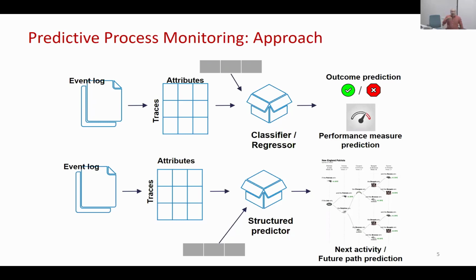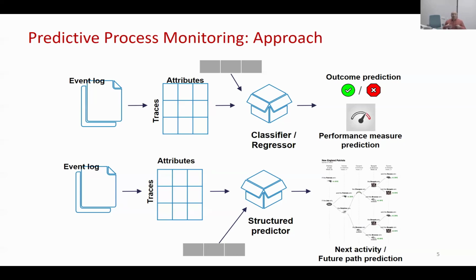Along the way, we are going to mark, by means of some pre-processing typically, whether a case has a positive outcome or a negative outcome if we want to predict the outcome. We will then take, for every trace, its feature vector, and we will construct a table called a feature matrix. And we will give this feature matrix to a machine learning technique.